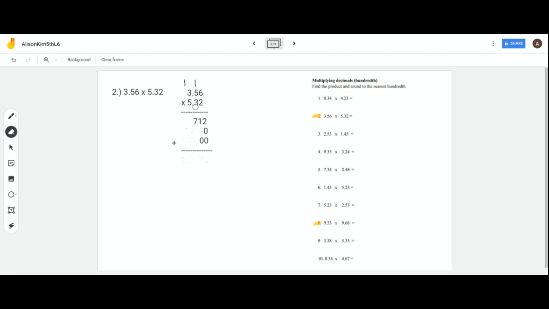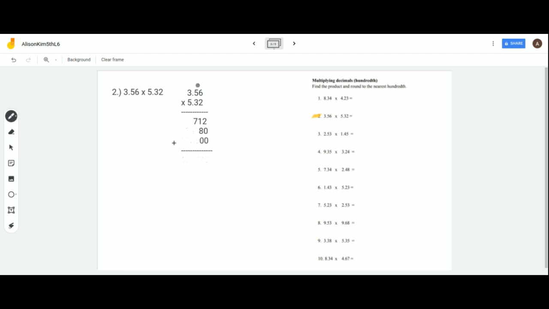Now we move on to the second number, and we make sure to add the place values. Quick note, the place values always increase by 1 as you go down, okay? So 6 times 3 is 18, so you put 8 right here. Oh, I should erase these in case you guys get confused.